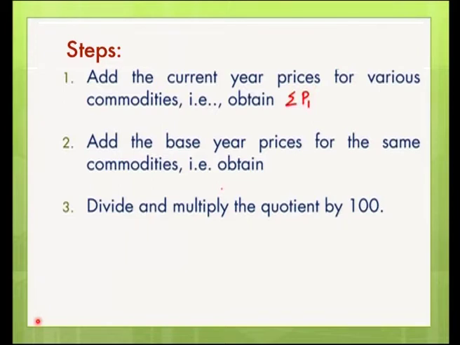Add the base year prices for the same commodities, that is, obtain summation P0. Divide summation P1 by summation P0 and then multiply the quotient by 100, that is your index number.